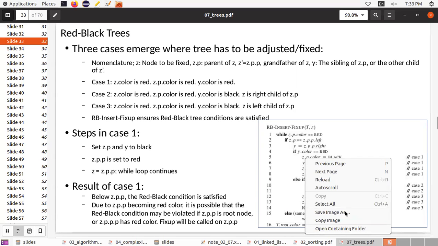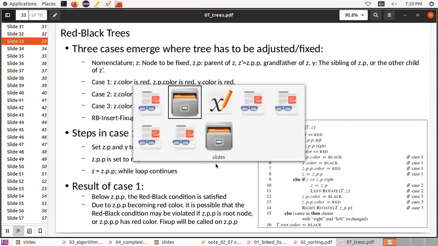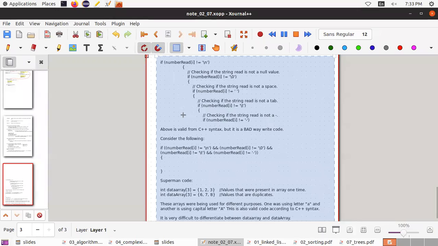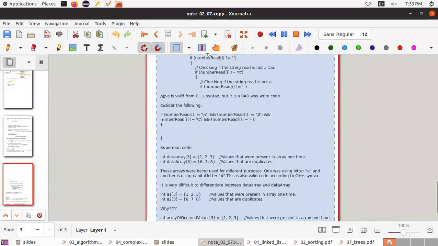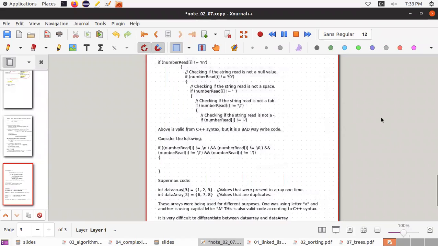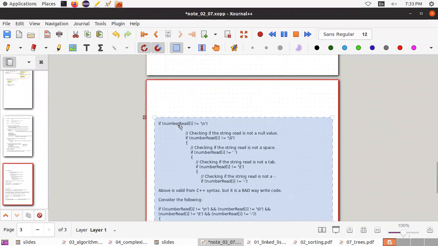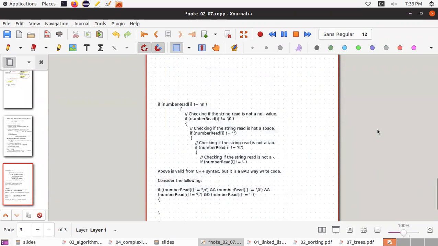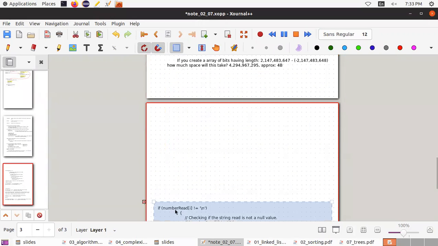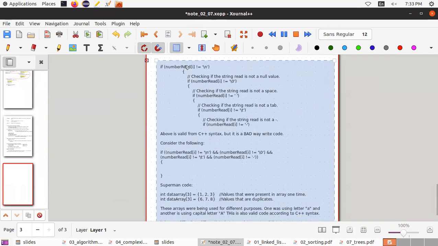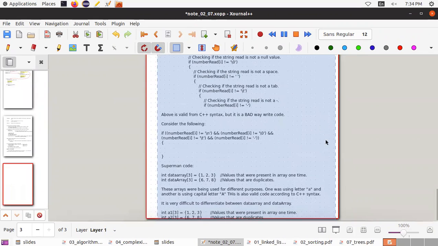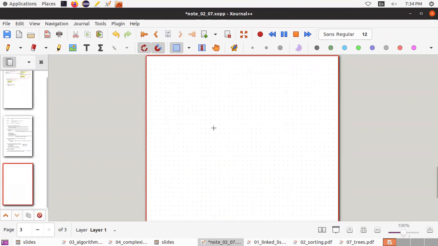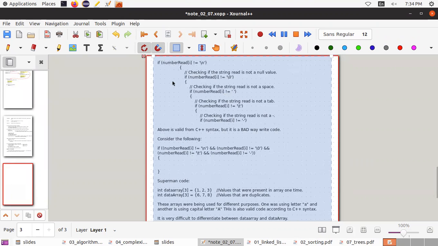So let me just copy this image and I will paste it here. Oops. What is happening to this? Okay, good.